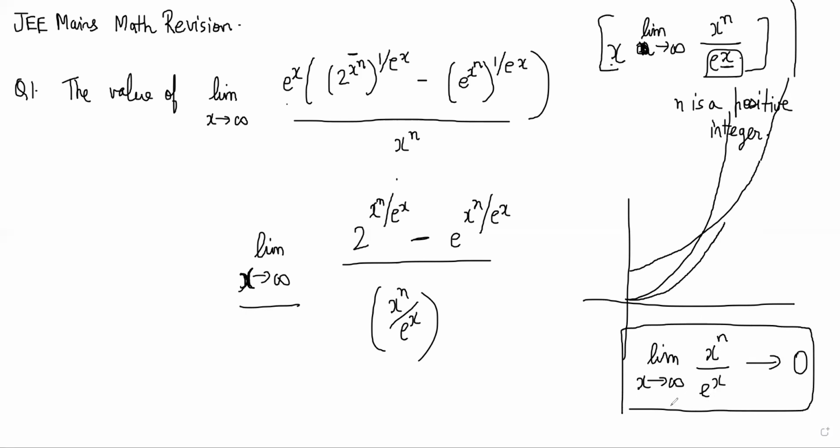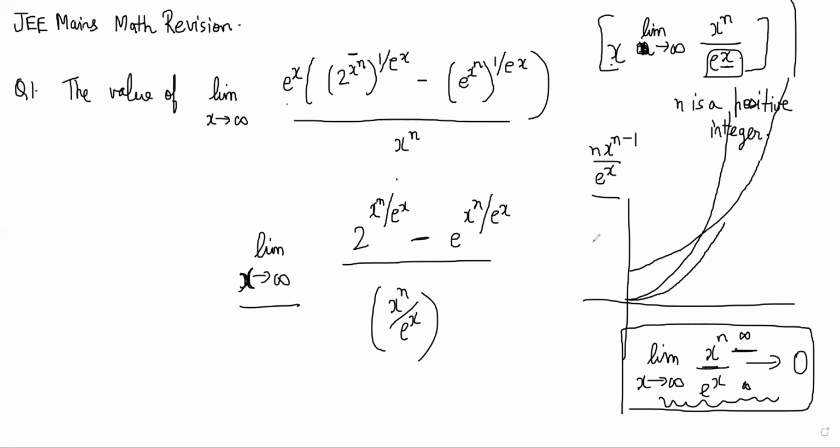How can we convince ourselves that this is true? We can do L'Hospital's. This is infinity by infinity form. So if you do L'Hospital's, you'll get n x power n minus 1 by e power x.